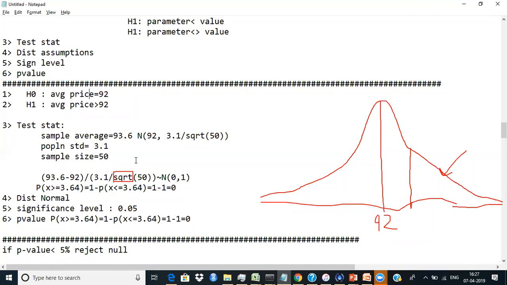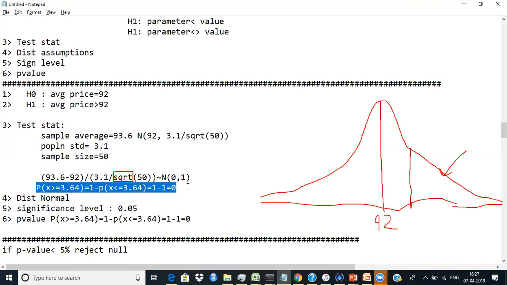Okay, so look at this line: 93.6 comes from a normal distribution. Are you in agreement with this line? So when I calculate this probability, you are in agreement with it?